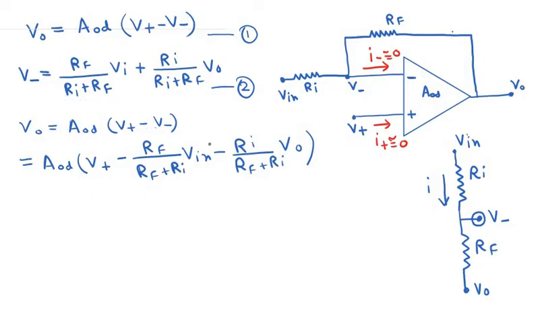Okay, so we just replace the value of V minus here from equation number 2. Now we do a little bit of algebraic manipulation and reach the equation for V0. So we basically take this term here to the right hand side.